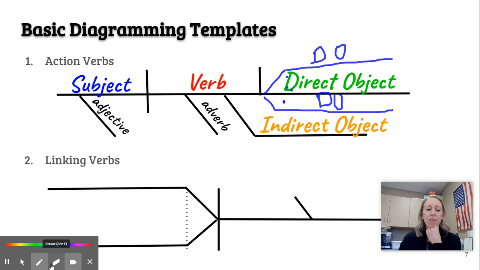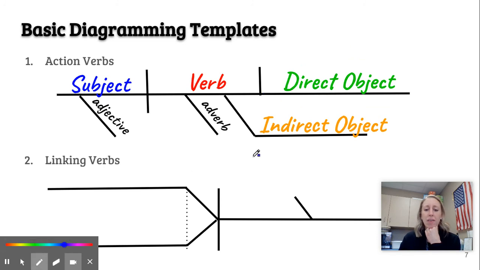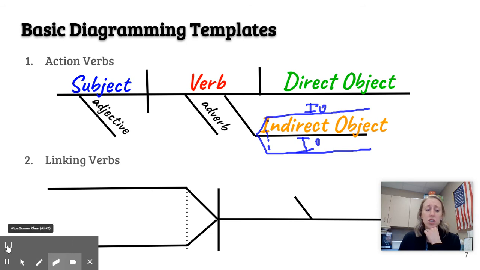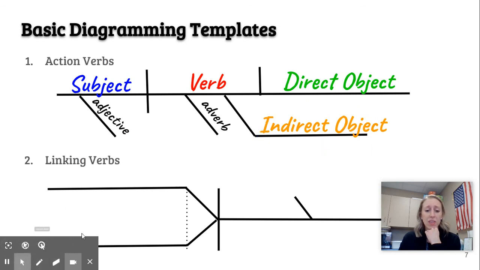And same if you have two indirect objects, you would again just split this line like this. You'd have an IO here and an IO down here, and of course you would have the dotted line with your conjunction there. Anywhere you have compounds, just feel free to split the diagrams accordingly.